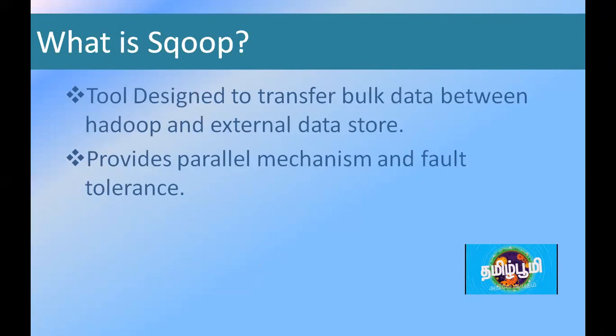For that only, we use Sqoop. Sqoop is a very simple tool. It just transfers bulk data between Hadoop and external data sources, like an RDBMS. It will run map reduce jobs, fetch the data, and then push it into HDFS. That's what Sqoop will do.